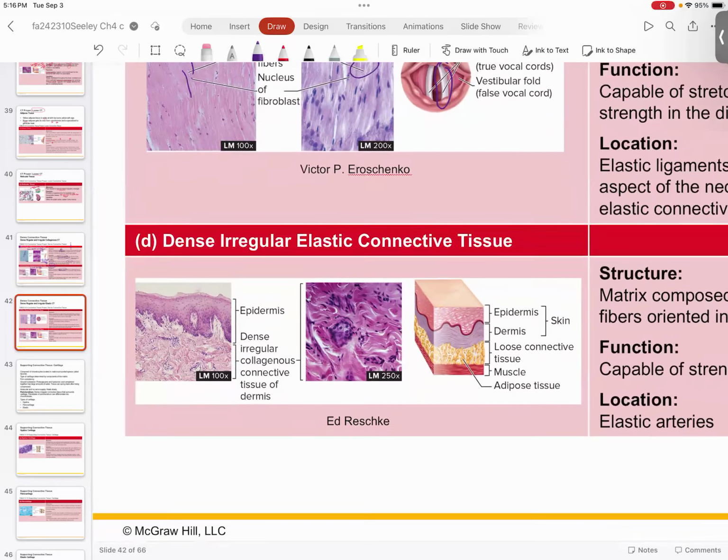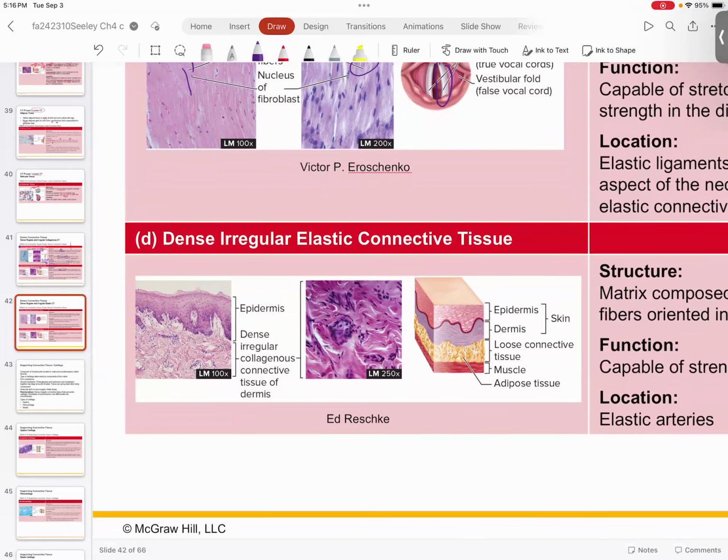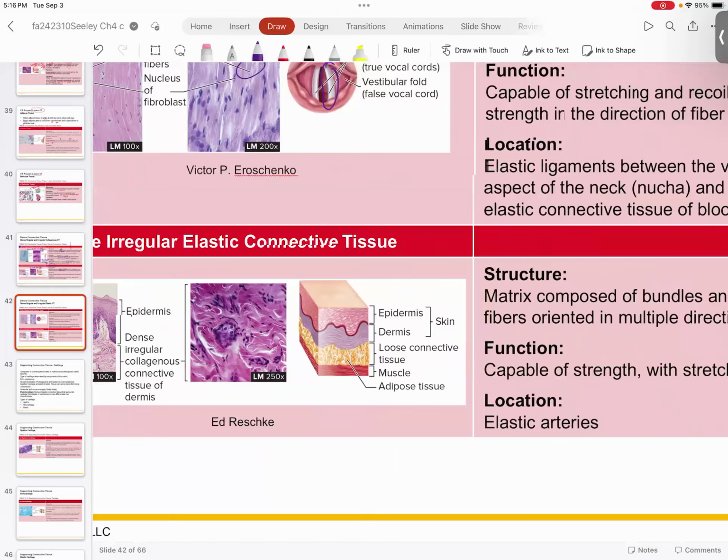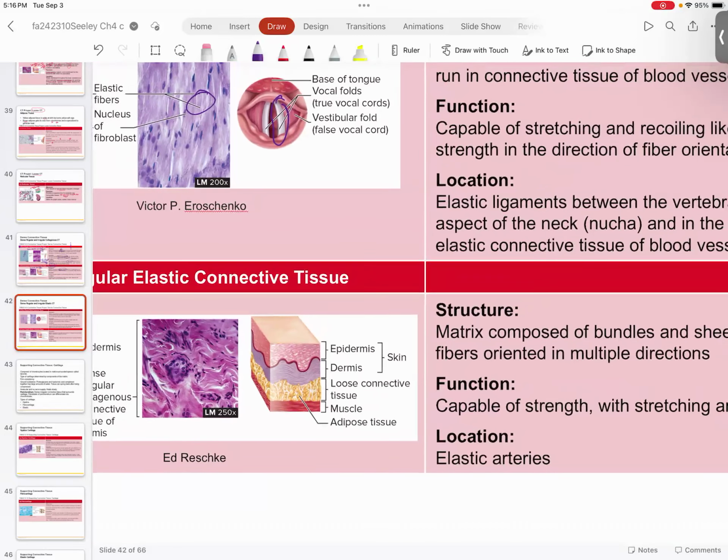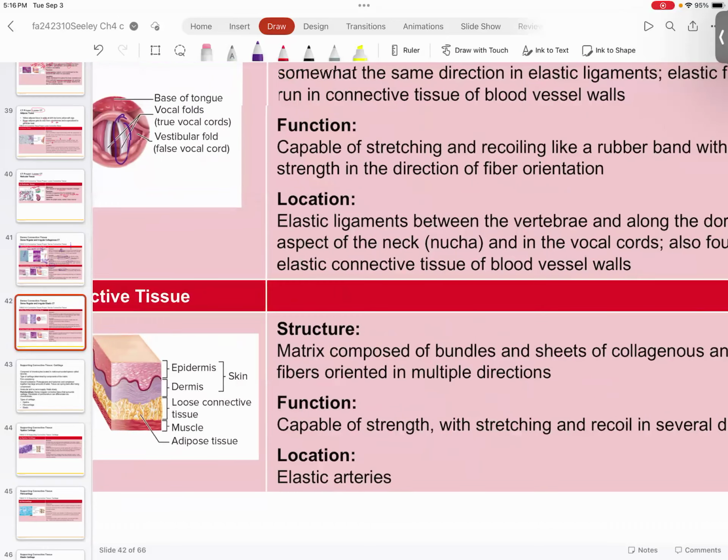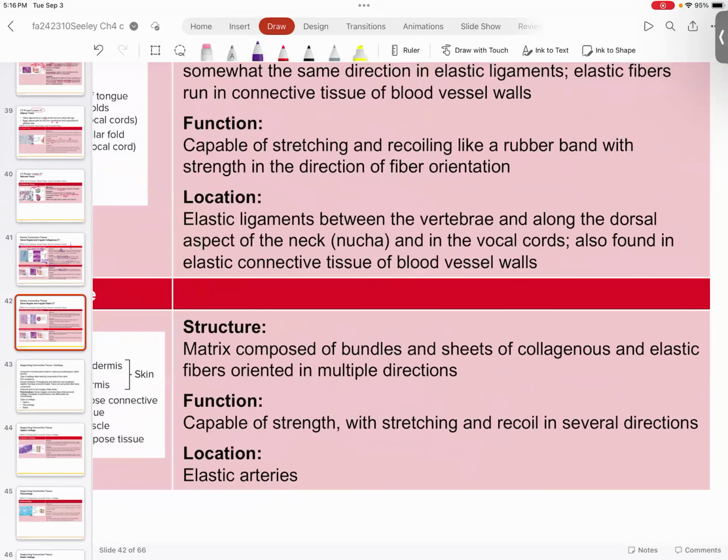Now, dense irregular connective is oftentimes added in. You can see it looks like the same picture because you often see them in the same place. In this case, what you have is not just collagenous, but also elastic in there as well.